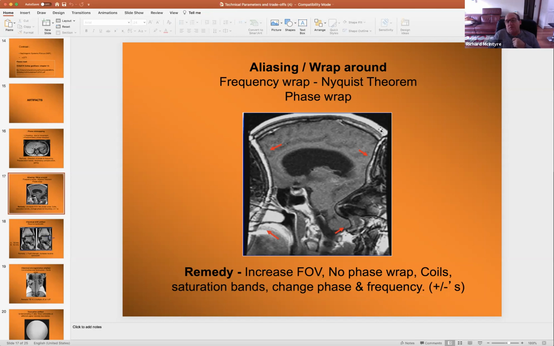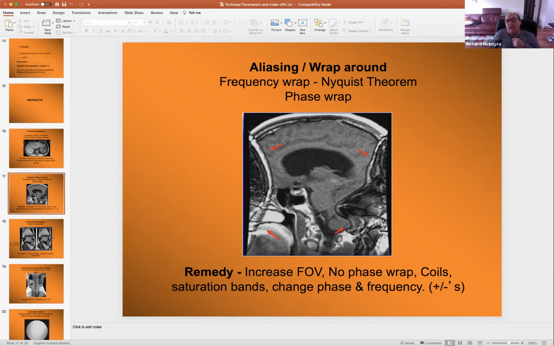So, Imant should have covered this last year, and I'm just echoing what he would have said. But the occiput, the back of the skull here, will have the same phase encoding as the frontal lobe. Okay, because that phase encoding is in the same position on the sine wave.